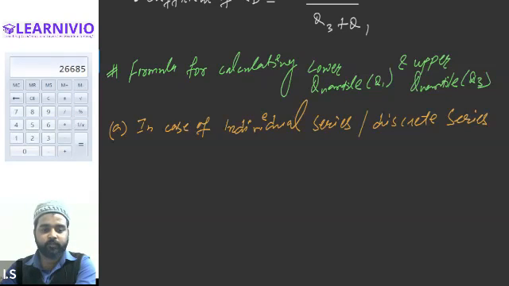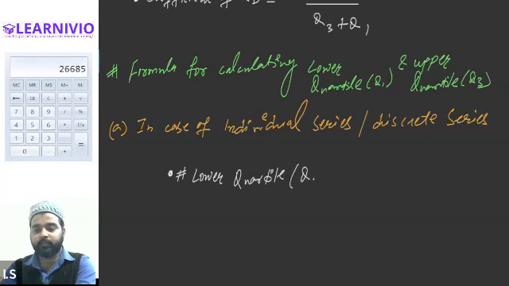So for calculating lower quartile, either in case of individual series or discrete series, that is Q1, you will apply this formula. The formula will be n plus 1 divided by 2 term.